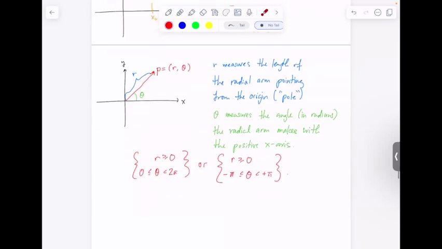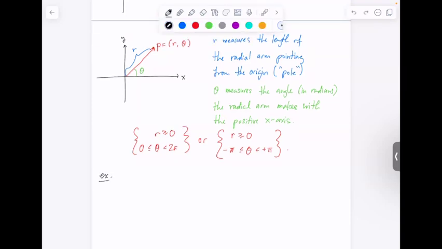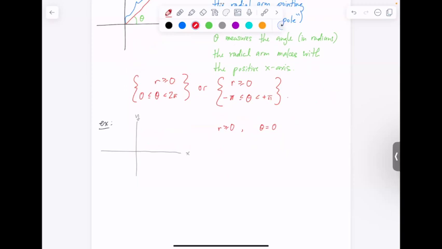Yeah, let's do some examples of how we're going to assign these points. So let me draw first several pictures of this, right? Let's say I look at r greater than or equal to 0 and theta equal to 0. What ray does that give me?